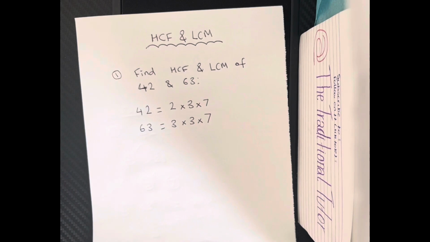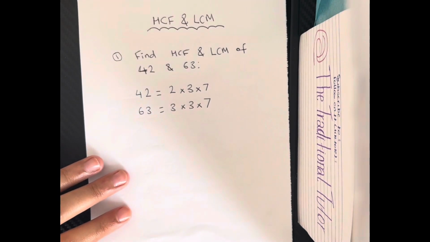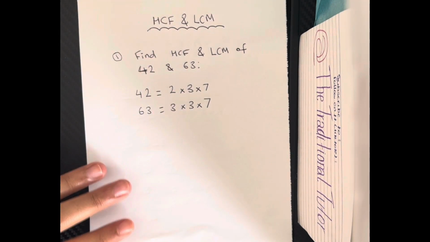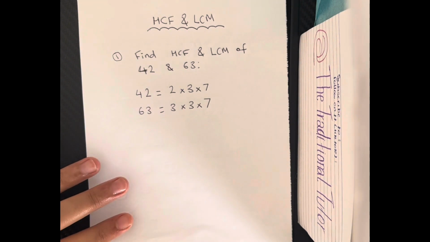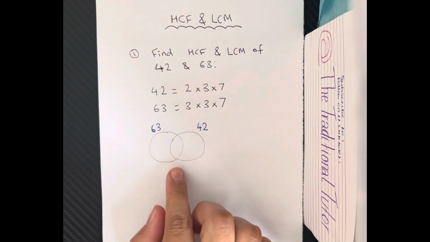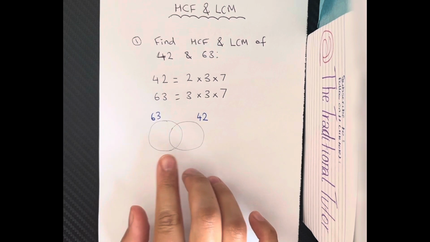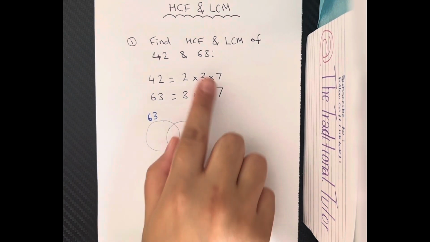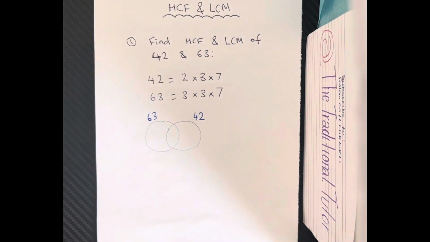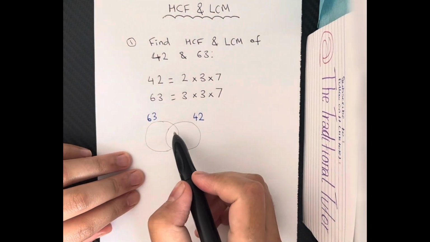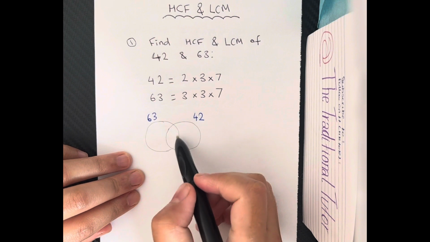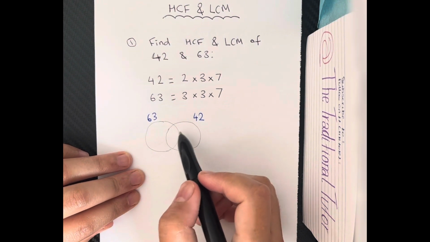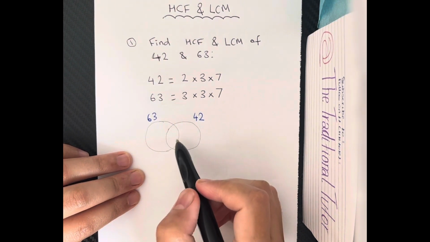Okay, now we can use Venn diagrams in order to show these, in order to work out the HCF and the LCM. Okay, so here's my Venn diagram of 63 and 42. Okay, now we can start filling this in with our prime factors located at the top. And the way to fill it in is if we start off by looking at the center where the intersection happens of our two circles.